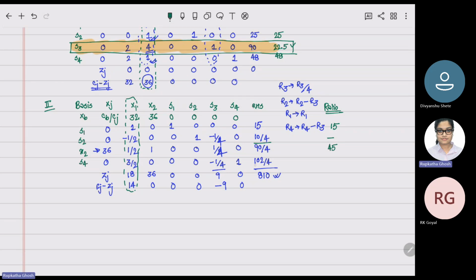And here you have 102 by 4 by 3 by 2, so that is 34 by 2, 17. So now this is the minimum ratio, okay? So you choose this, S1.